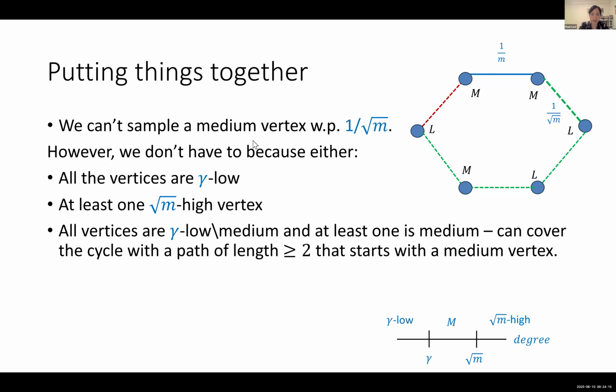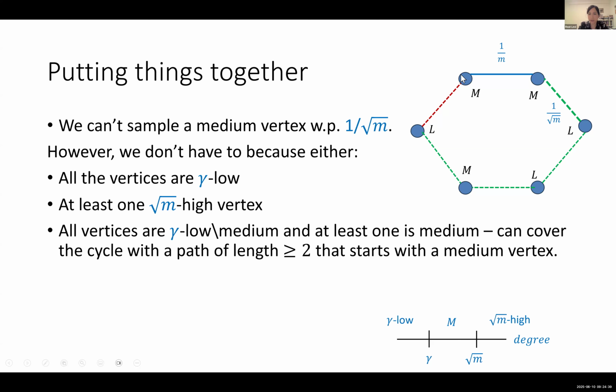So what we are left with are copies in which all vertices are either gamma low or medium, and at least one of the vertices is a medium vertex, otherwise we would be in this case. We can cover such cycles with a path of length at least 2 that starts with a medium vertex.